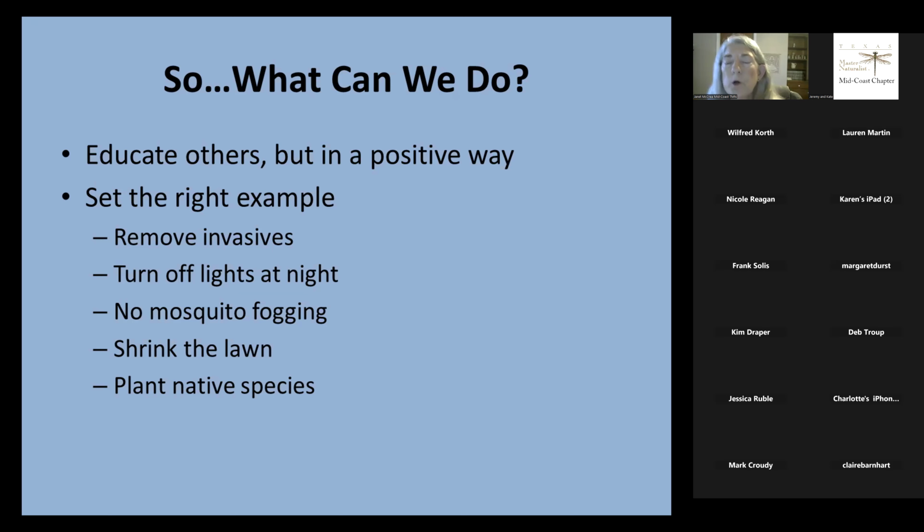What you need is a motion detector. The light will come on when somebody is actually moving around in your yard, rather than having it on all night. No mosquito fogging. Instead of spraying for the mosquitoes, a better alternative is to get a 5-gallon bucket, fill it with water, put in some leaves, a little dirt, and then put in your mosquito bits or mosquito dunks.